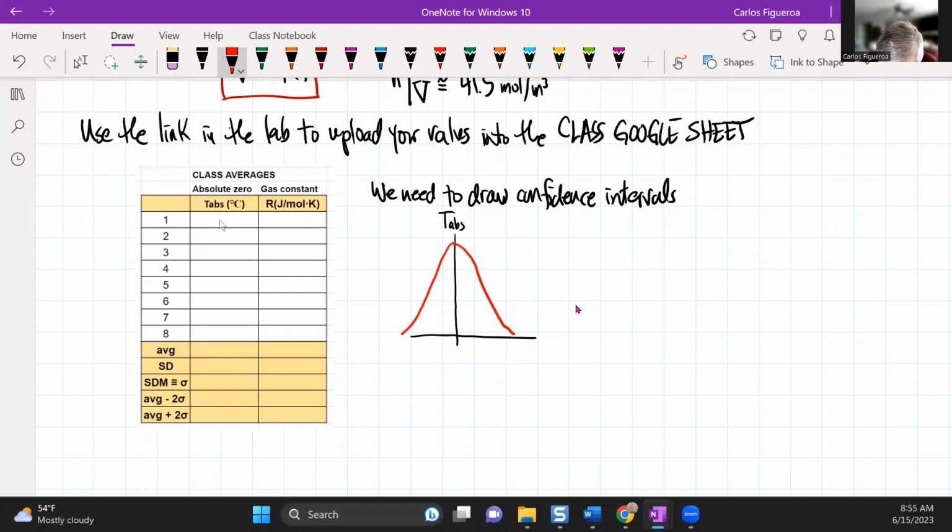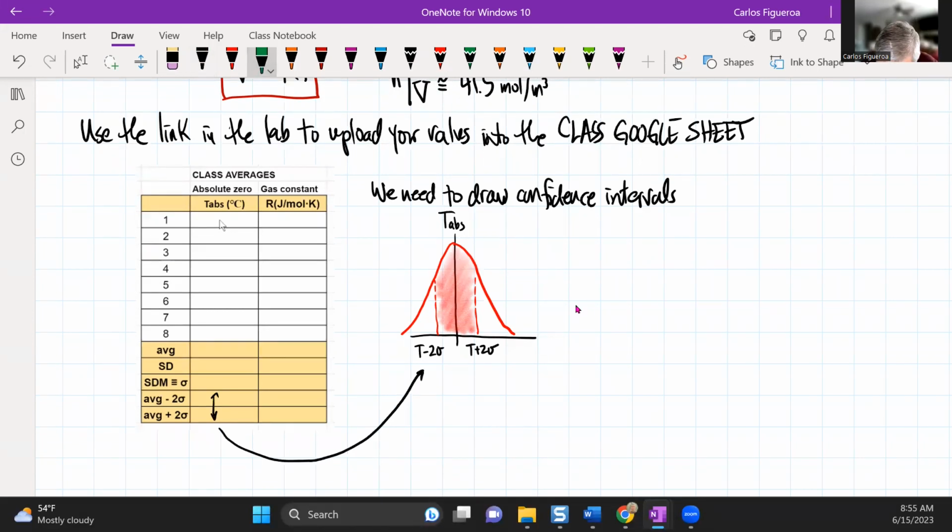And then I'm going to set my confidence interval. So what does that mean here? That this here is going to be T minus 2 sigma, T plus 2 sigma. And you could see that this is where I'm getting these two values right here, that spread.